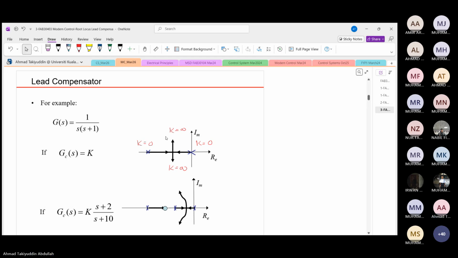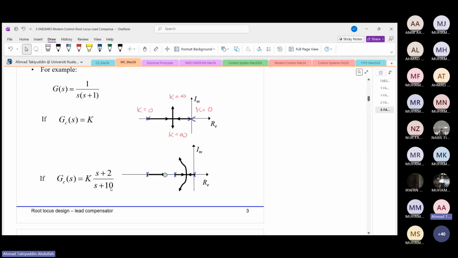Right. So next, when you include the Gc, that will be equal to K (s + 2)/(s + 10).